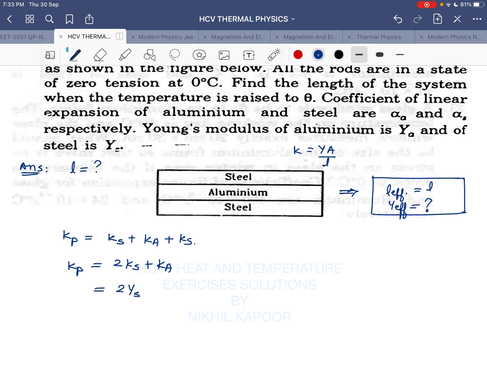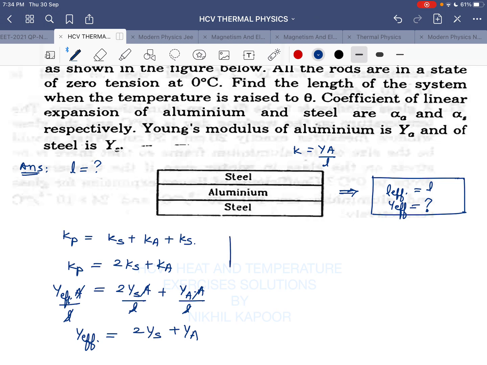So it will be twice of Young's modulus of steel into area of cross section upon length plus Young's modulus of aluminium into area of cross section upon original length. The effective Young's modulus into area of cross section upon original length L. A L cancel. So the effective Young's modulus will be (2Ys plus Ya) into A.